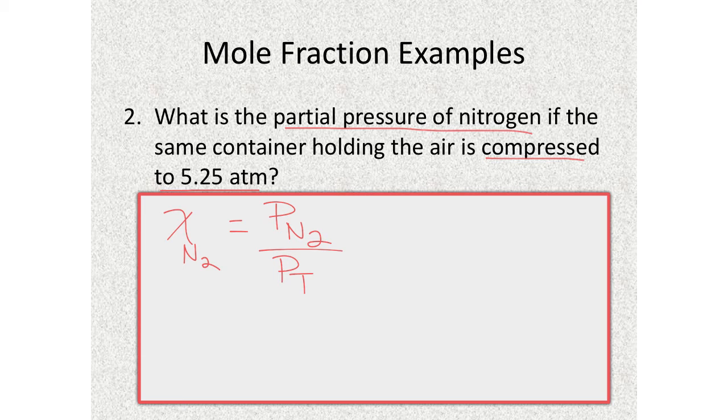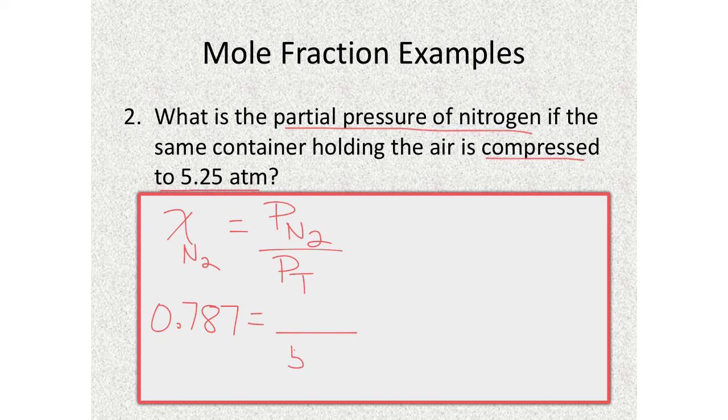So since we have not opened the container and added or subtracted any gas, the mole fraction is going to stay the same as what it was in the previous container, because again, we haven't added or subtracted any gas. We have just compressed it to a higher pressure and a smaller volume.